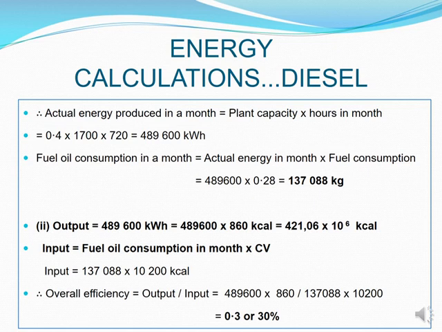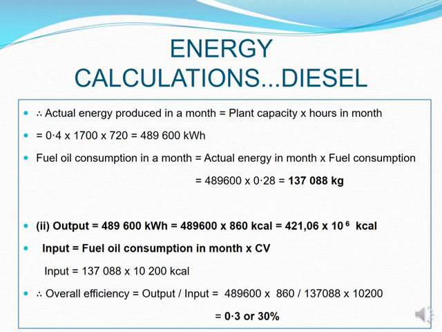For the second part of your question, your output is this 489,600 that we got at the top of this slide, multiplied by your 860 kilocalories, and that will give us 421.06 times 10 to the 6 kilocalories. Then your input is equal to your fuel oil consumption in a month times your CV value, which is 137,088 multiplied by 10,200.